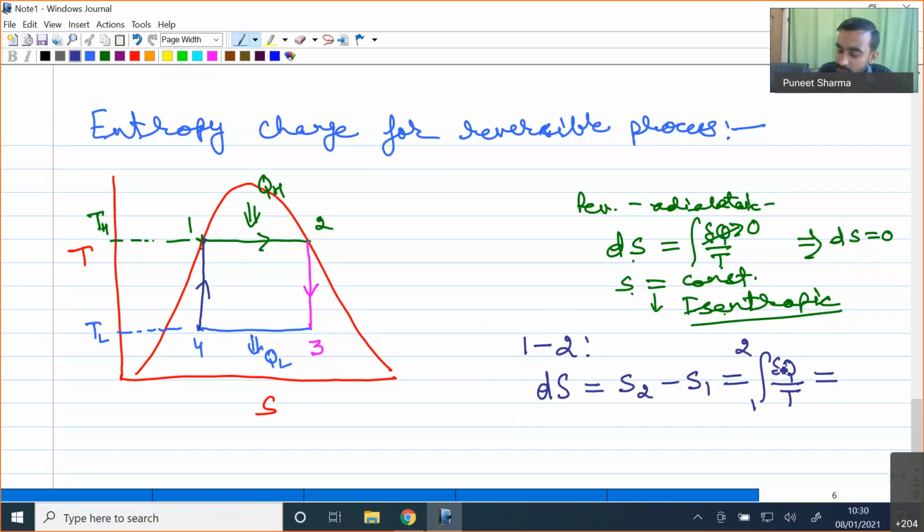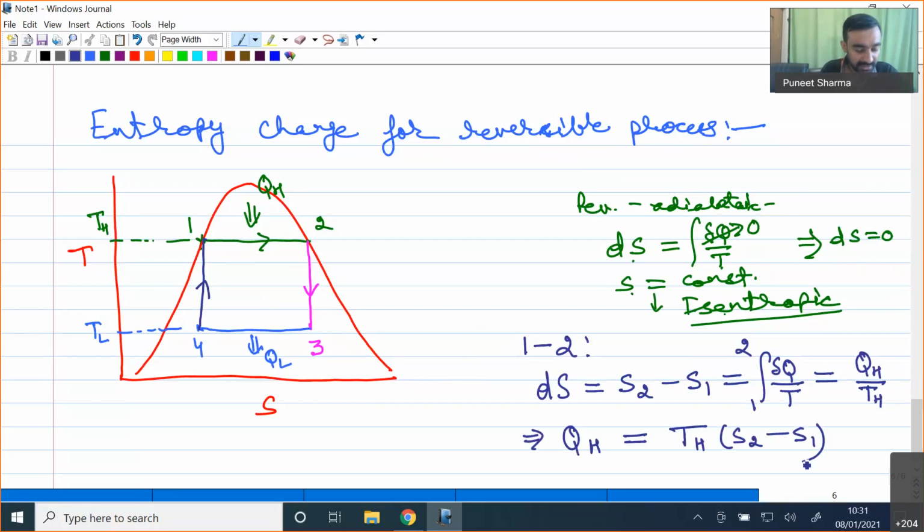Because Q and T are constant and not varying, the integral from 1 to 2 of del Q by T is equal to QH divided by TH. From here I get that QH is equal to TH times S2 minus S1.